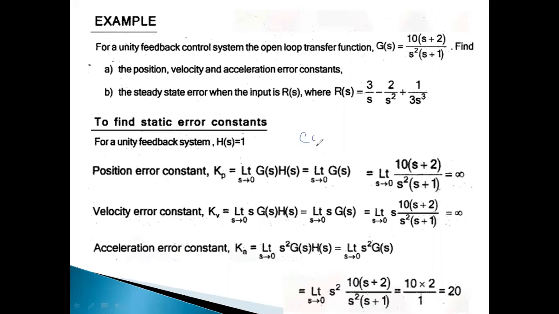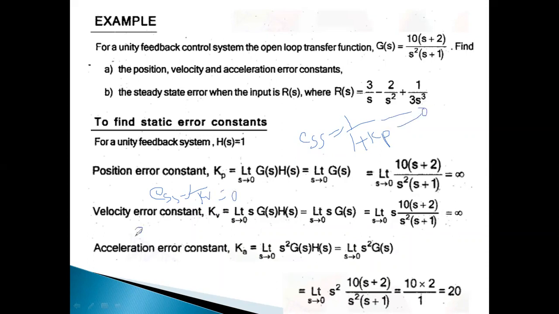Steady state error ESS is equal to 1 by 1 plus Kp when the input is unit step. ESS is equal to 1 by Kv when the input is unit ramp input. So again, that is also equal to 0. Here it is also 0.